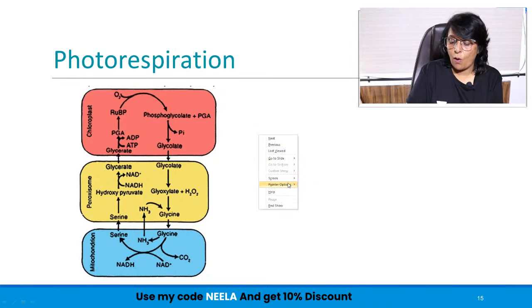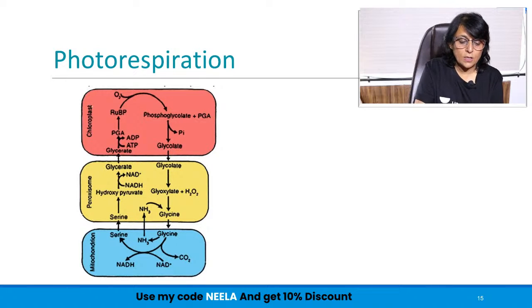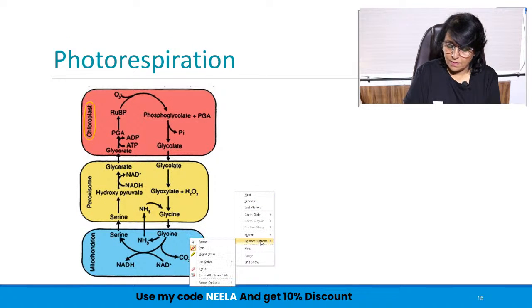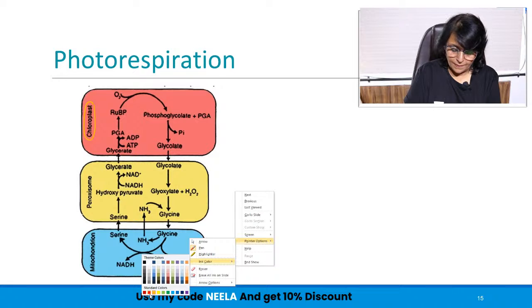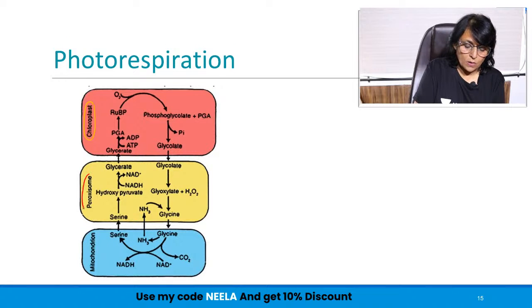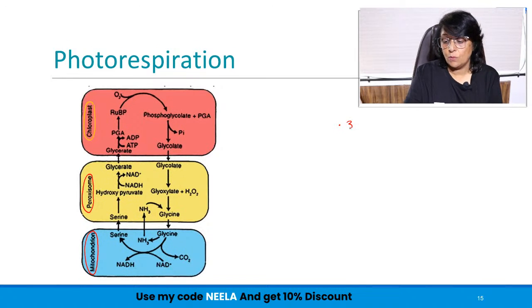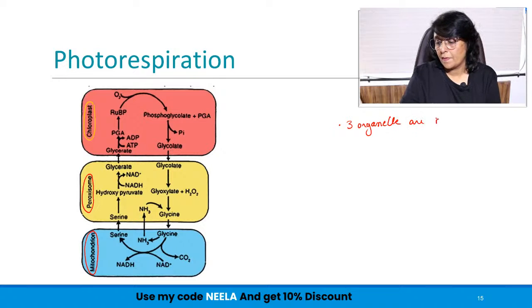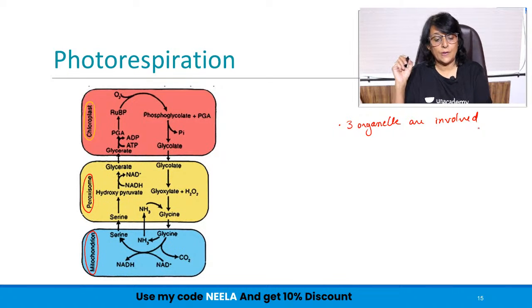Photorespiration involves 3 organelles: the chloroplast, the peroxisome, and the mitochondria. So 3 organelles are involved in the process of photorespiration.